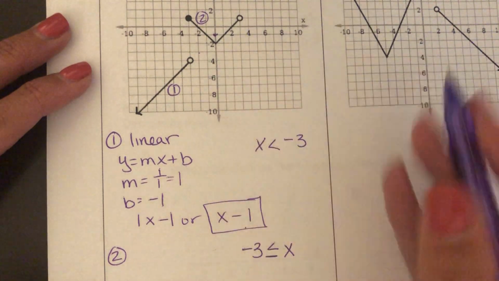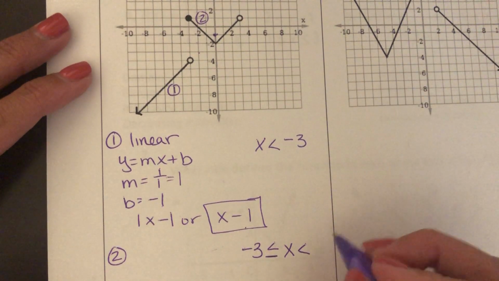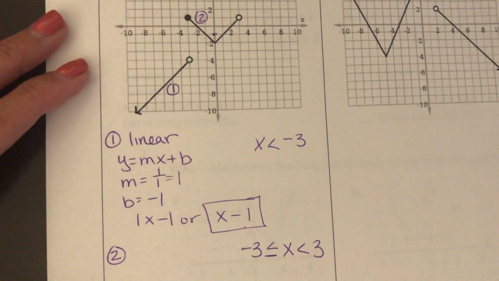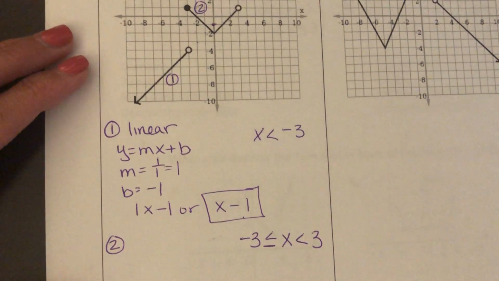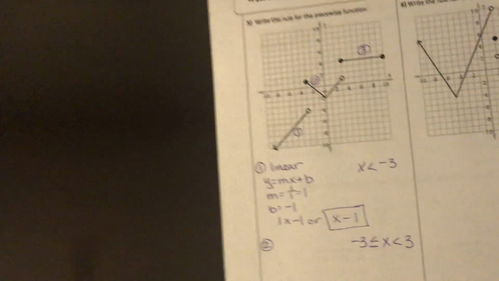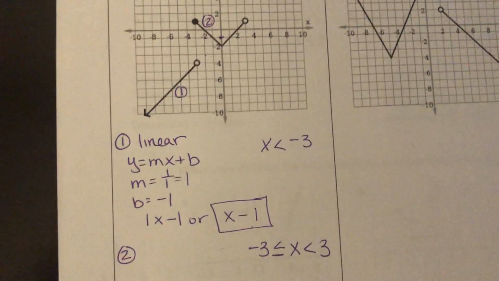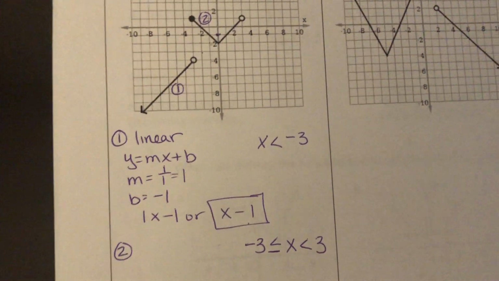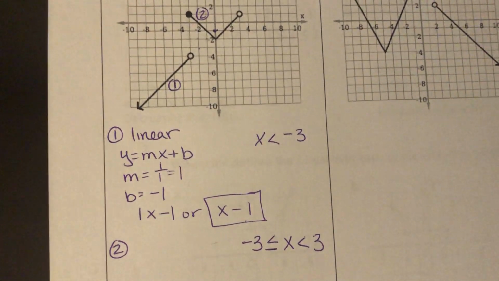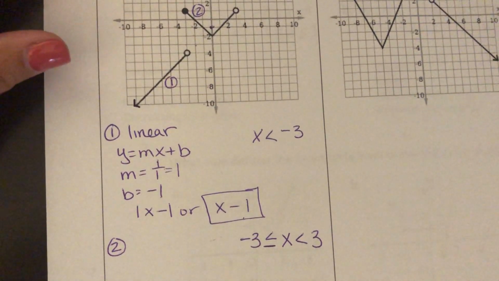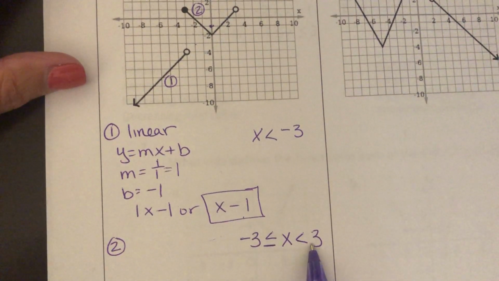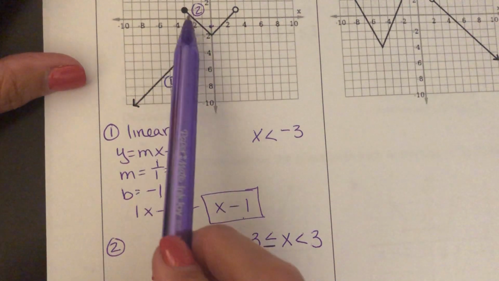And then at positive 3, it's open, so that just gets a less than there. Zoom out a little bit here. Okay. So then, after I have my domain, I can determine my parent function.